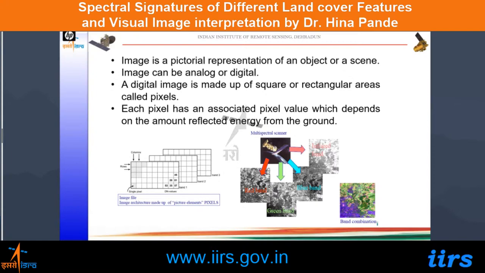So we need to choose the most appropriate bands for our application. Now, the most appropriate bands will be those which display the user's feature of interest in the best possible visual manner, so as to be able to extract maximum amount of information from that band combination.